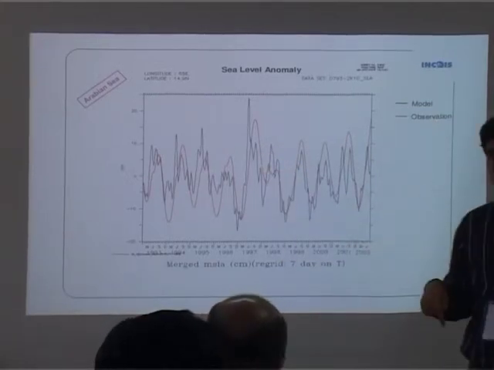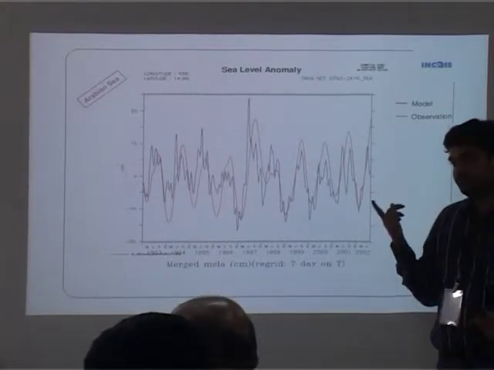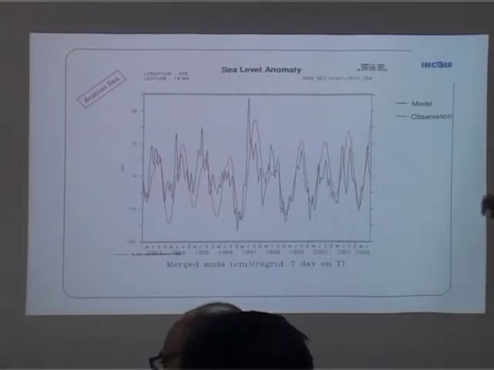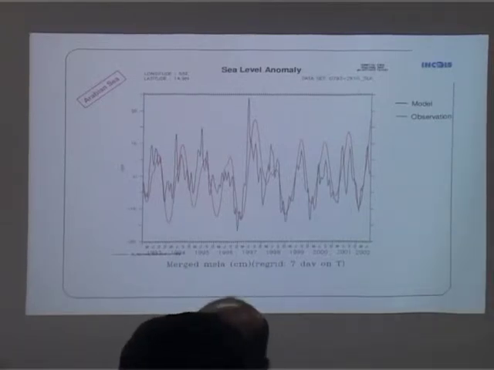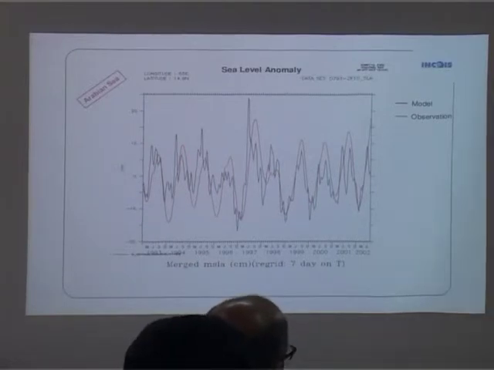Also, it is both linear and coarse. This is averaged over a certain small region in the Arabian Sea. But the model is not very bad. At least it gets the annual variabilities in the Arabian Sea right.